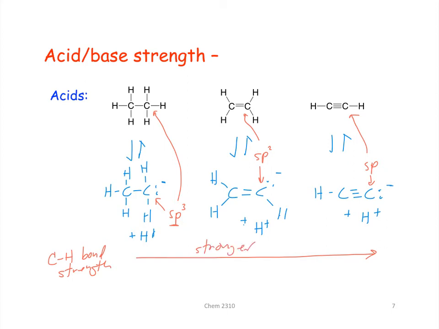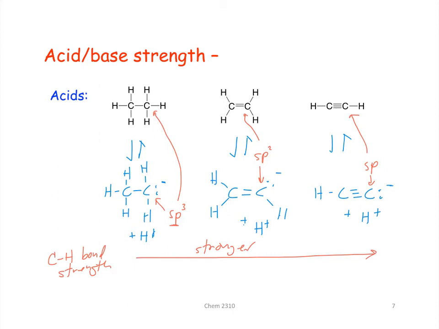Our rationale was that an sp hybridized carbon has a greater percentage of s character, and an s orbital is closer to the nucleus, so the sp hybridized orbital holds the electrons closer to the nucleus, making a stronger, shorter bond.